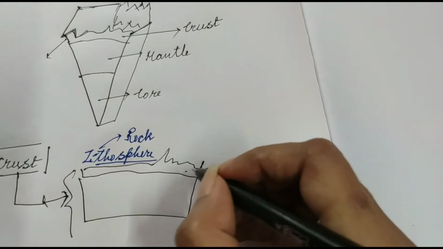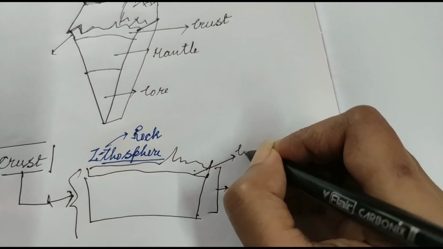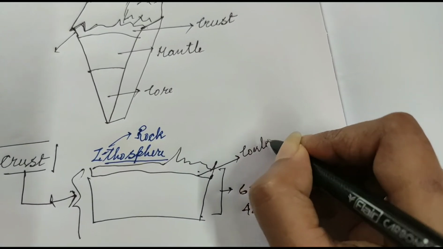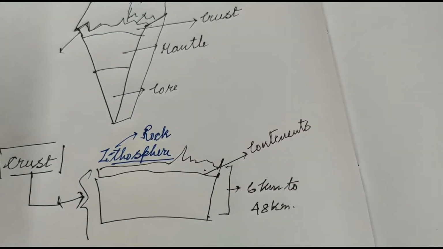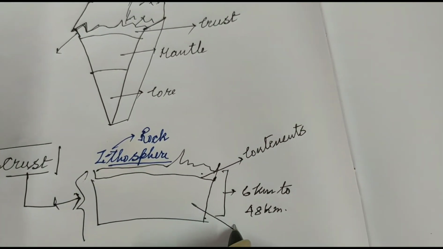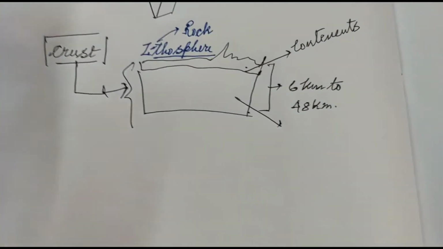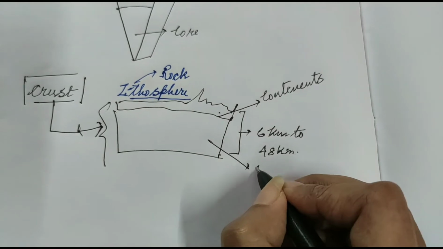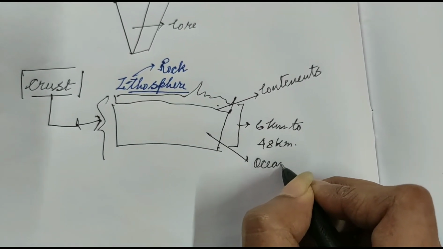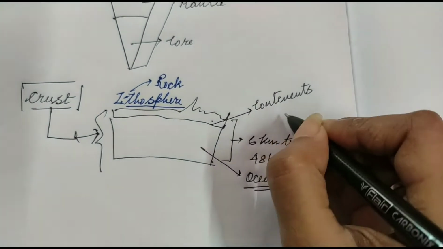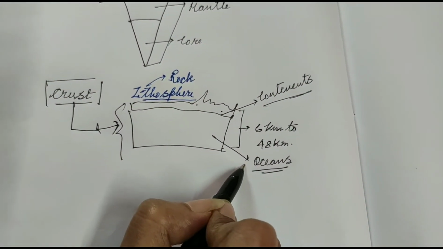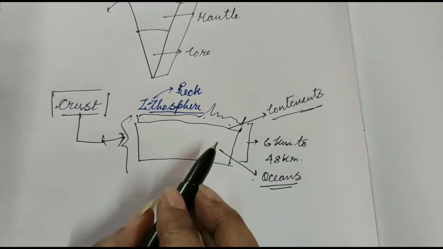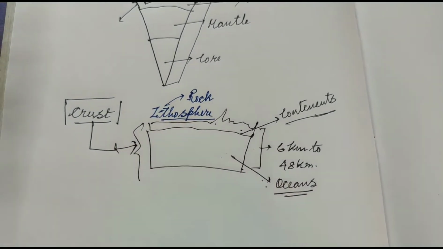This upper part is the continents, and this lower part is the oceans. The upper part is the continents, and the lower part is the ocean.